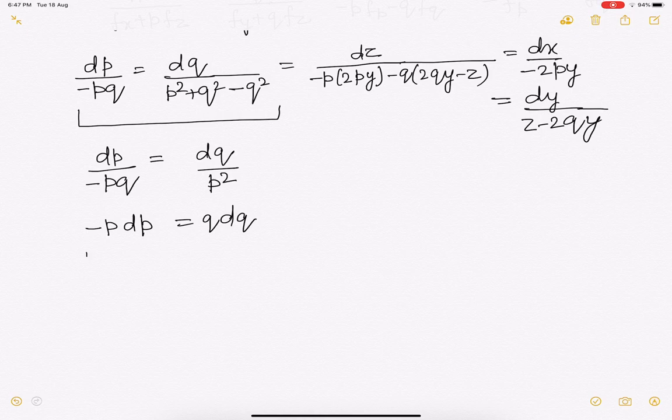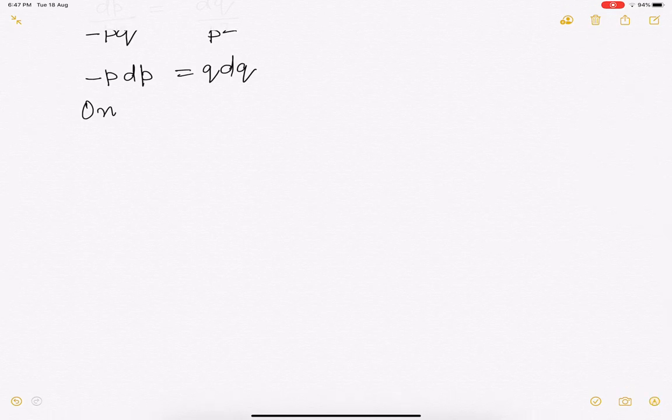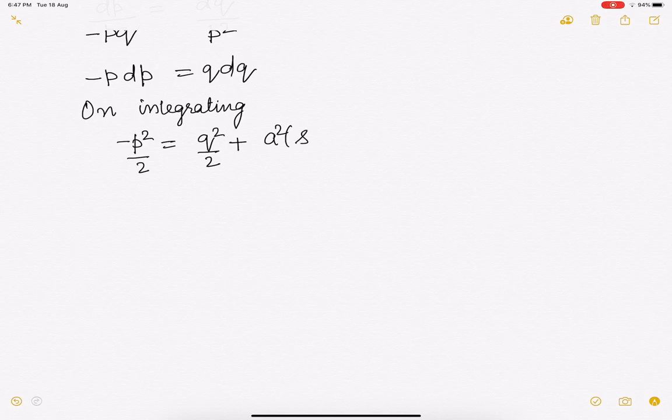On integration we get minus p square upon 2 is equal to q square upon 2 plus an integrating constant, we can say a.